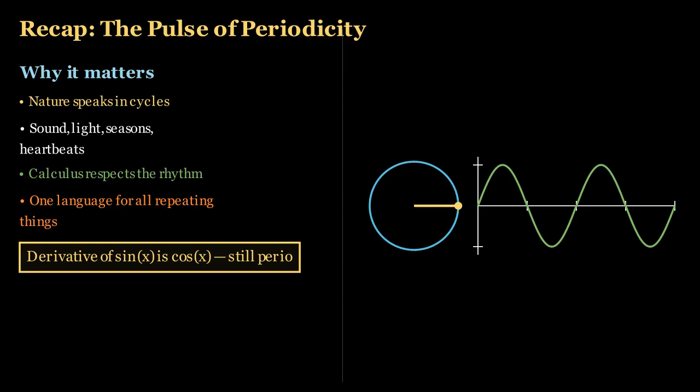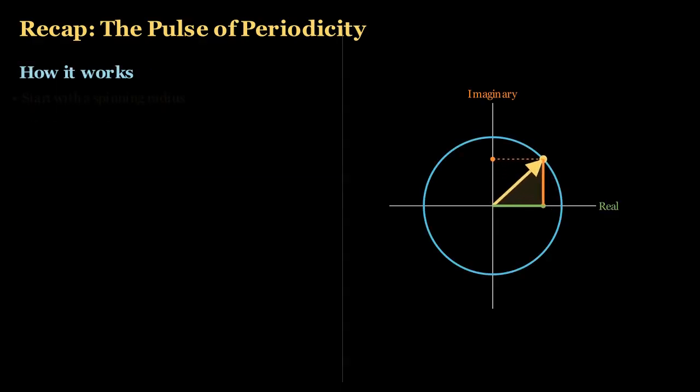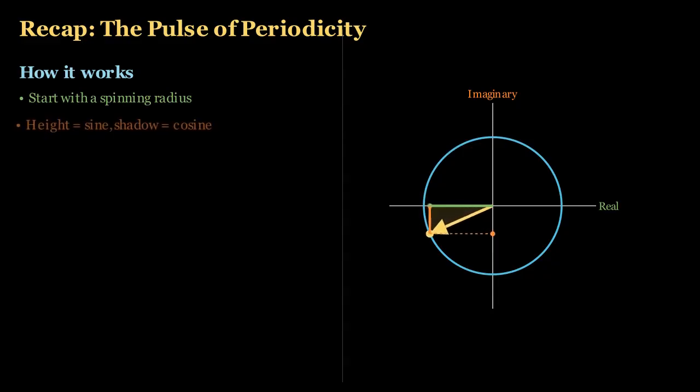Let's rebuild the big picture from scratch. Imagine a wheel with a radius of 1 unit. As it spins, the height of the tip above the center traces out a sine wave. The horizontal shadow traces cosine. That's the core engine. To make it match a real signal, we change the amplitude, how tall the wave is, by multiplying.